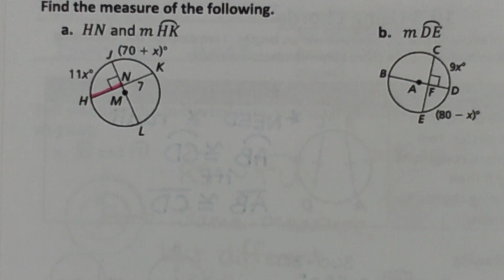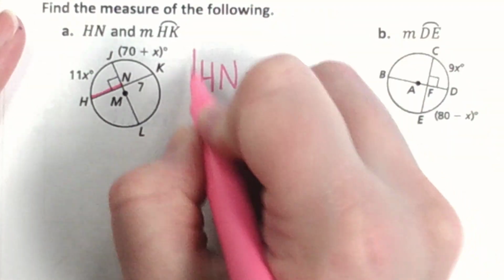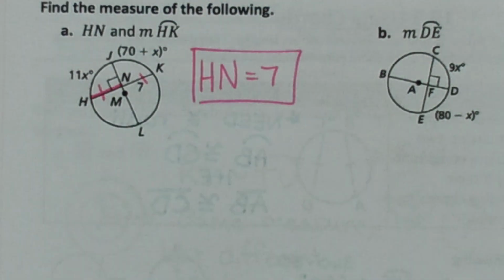Yes, 7. If NK is 7, what's that make HN? 7. Because this is congruent to this, because that was a chord that is perpendicular to a diameter.